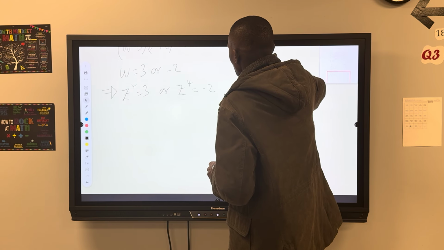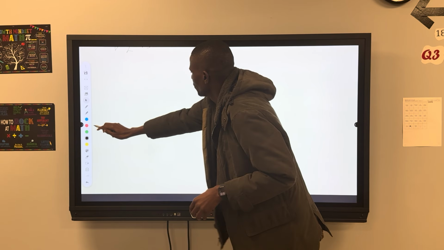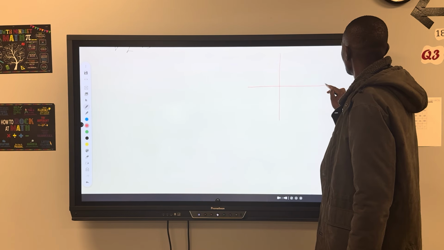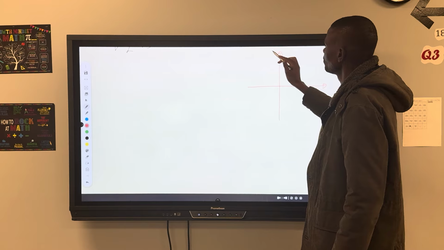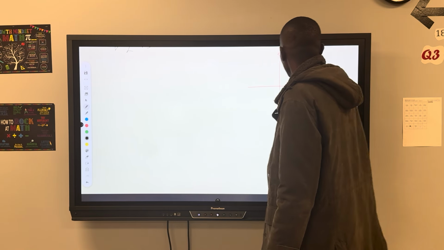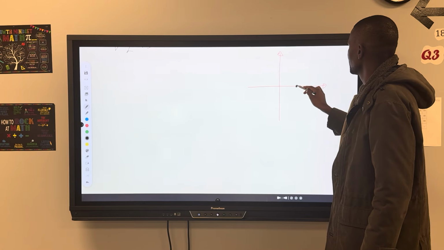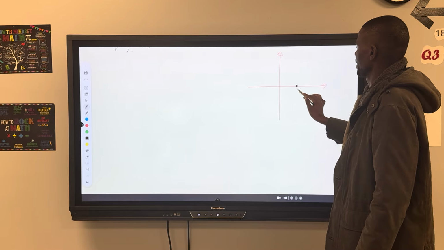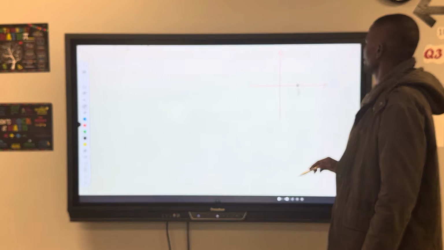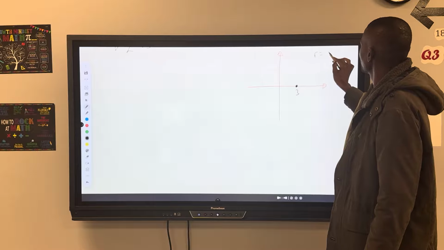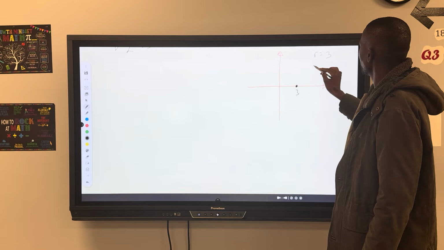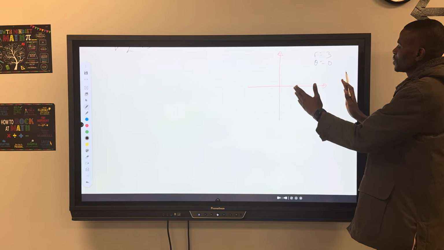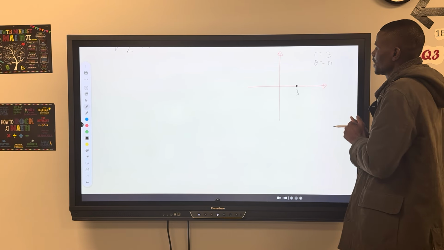For every complex number, one thing that you need to know is that if a complex number lies on the positive x-axis, maybe if it's just 3, it means your modulus will be 3, but your argument will be 0. Anything on the positive x-axis, the argument is 0.